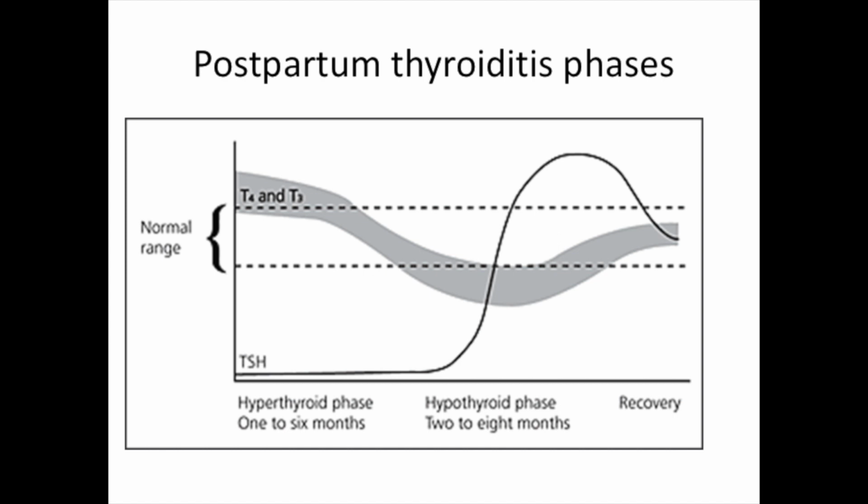When you do the thyroid function test and find hyperthyroidism, it could be a temporary stage of postpartum thyroiditis and not frank hyperthyroidism lasting forever or chronic hyperthyroidism. So you have to follow this patient. If she turns out to have later hypothyroidism, then this confirms to you that this is not hyperthyroidism post-delivery but postpartum thyroiditis.